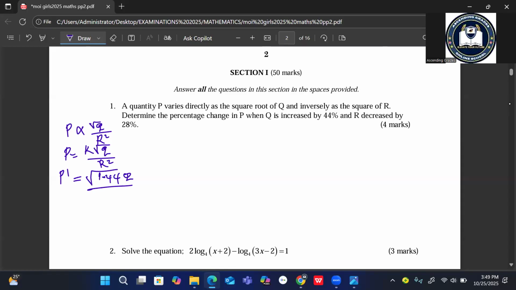R is reduced by 28%, so we shall have 72%, that is 0.72 R times 0.72 R. So that is now R squared, so that we have our P prime to be equal to 1.2 root Q over 0.5184 R squared. The square root of 1.44 is 1.2.